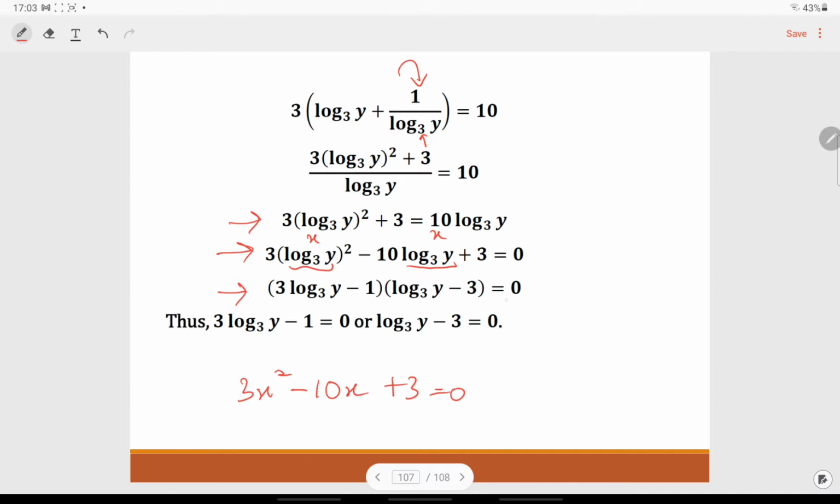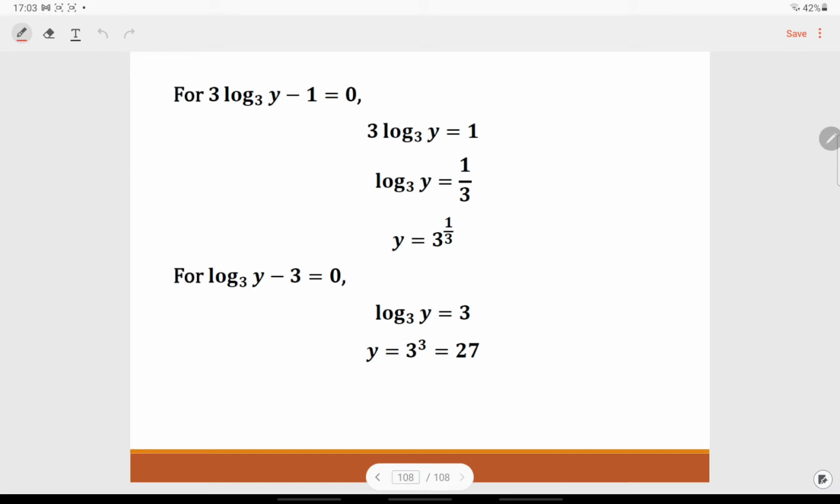Again, this equation becomes true when one of these two parentheses equals 0. That's why we use the term or. So we have 3 log y base 3 minus 1 equal to 0, or log y base 3 minus 3 equal to 0. We solve one by one for the unknown y. First we solve the first one for y.